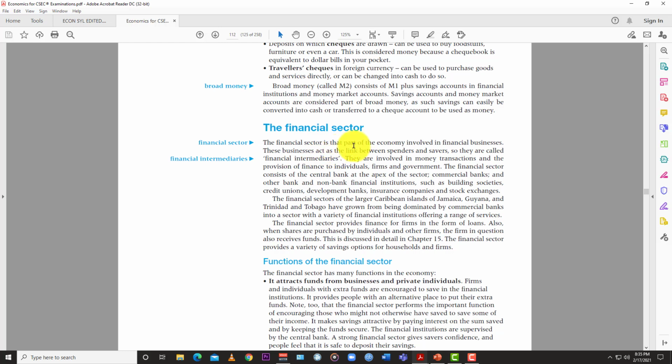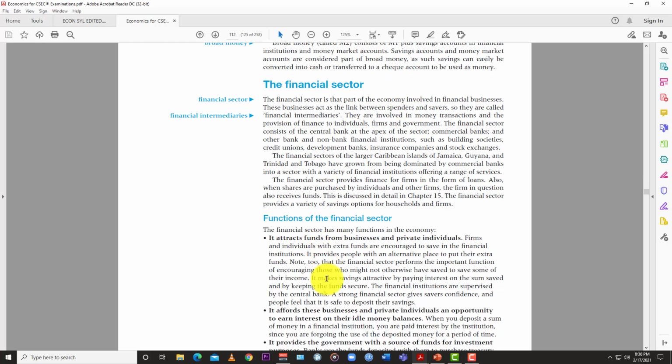The financial sector is that part of the economy involved in financial businesses. These businesses act as links between spenders and savers, so they are called financial intermediaries. Again, another simplified definition for the financial sector. That's an easy enough definition to work with.